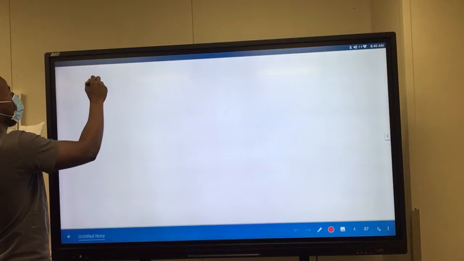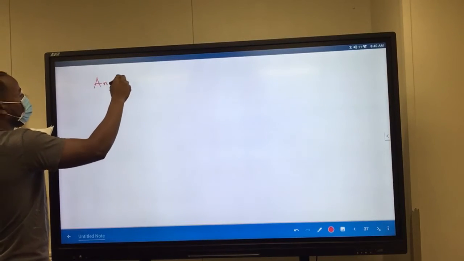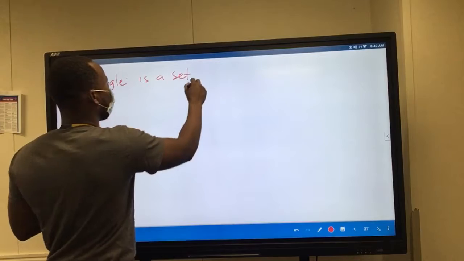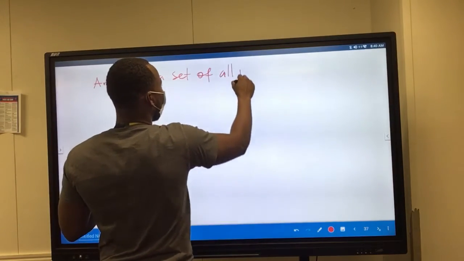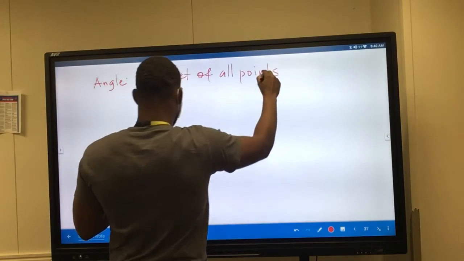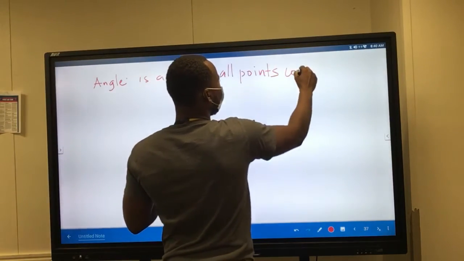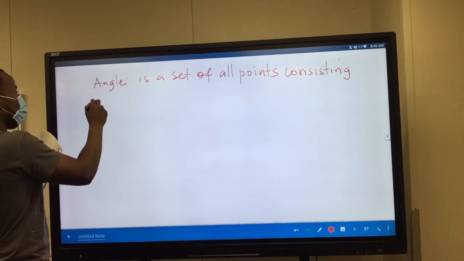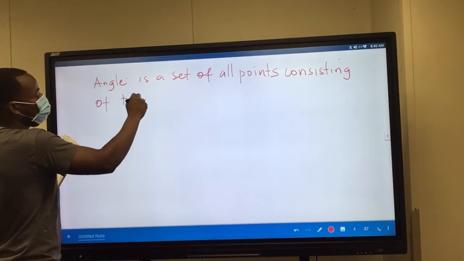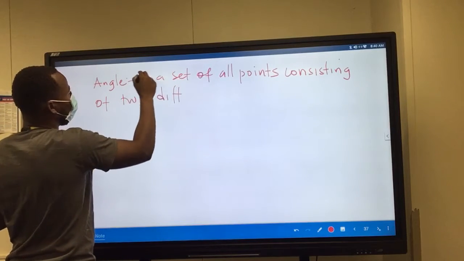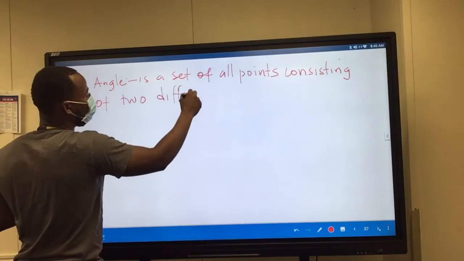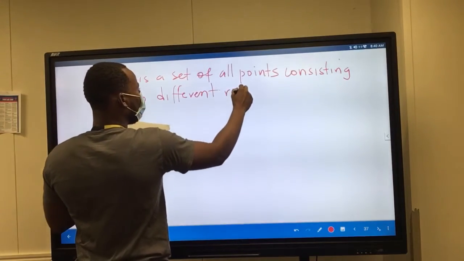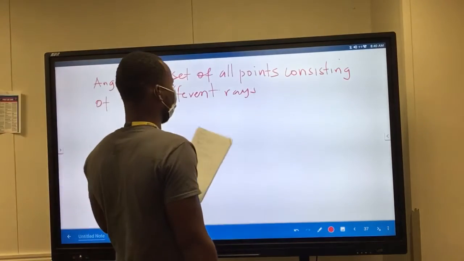So we say that an angle is a set of all points consisting of two different rays that have the same endpoint.